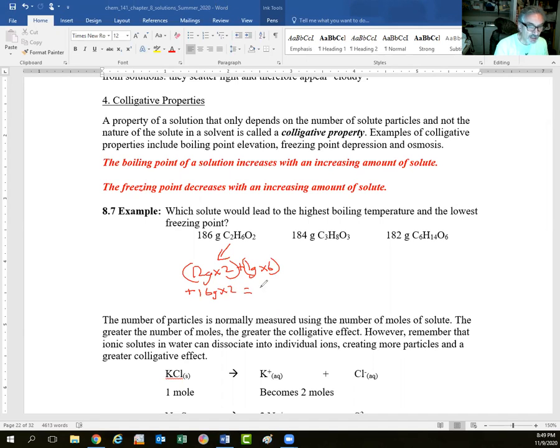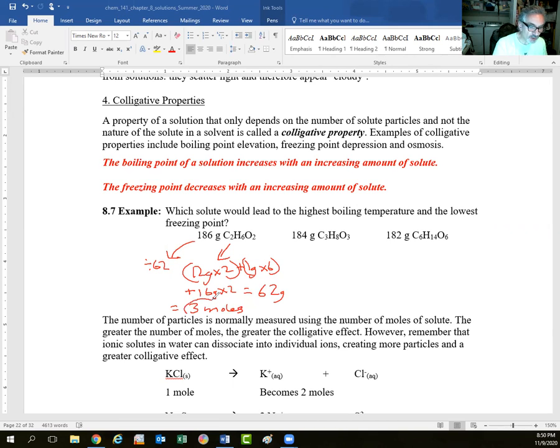So that gives a grand total for the molar mass of 62 grams per mole. So that mass of 186 divided by the molar mass of 62, that comes to 3 moles.